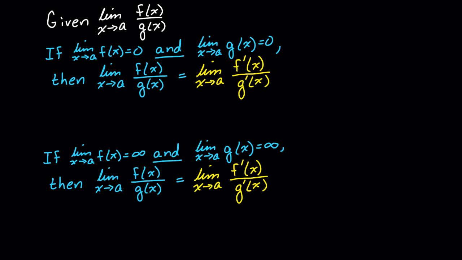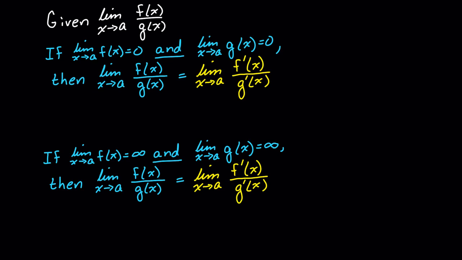So take the limit, and the limit is going to be when you do a direct substitution. You put a into x in the numerator, a into x in the denominator, and you end up with 0 over 0. Then, 0 over 0 you cannot work out. It's called an indeterminate form.